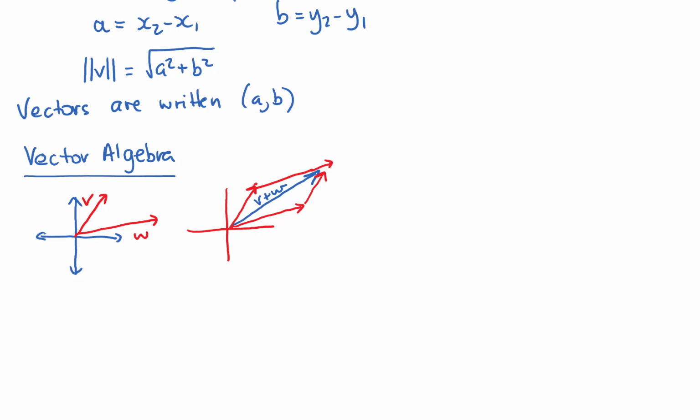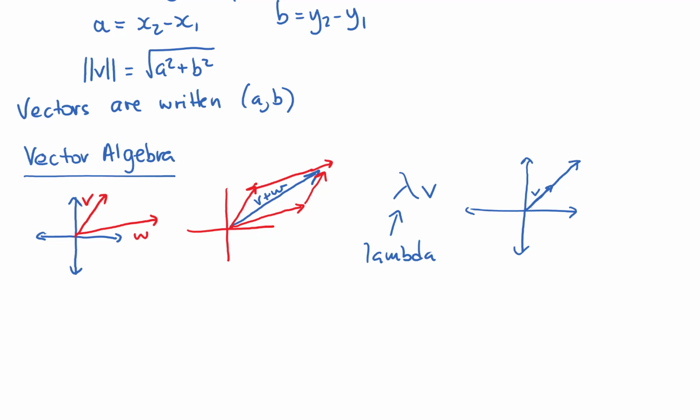For scalar multiplication, we have a symbol, lambda, and the scalar multiple of V is just taking your original V vector and applying a scale to it. So if you had a lambda value of 2, then you would just end up doubling that vector and going twice as far in the direction that the V is going.